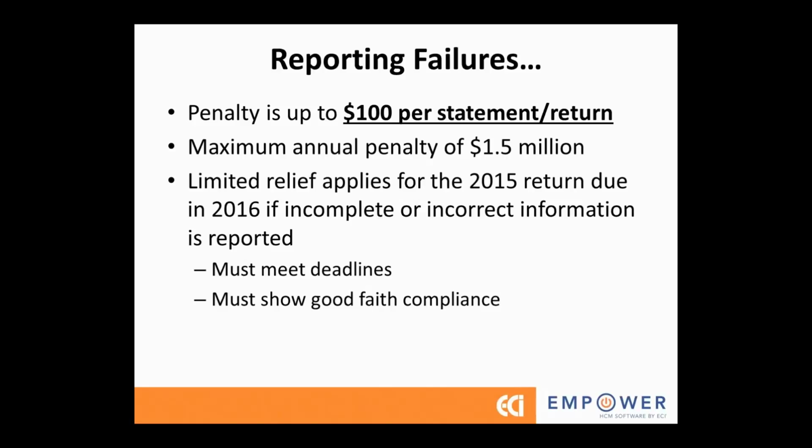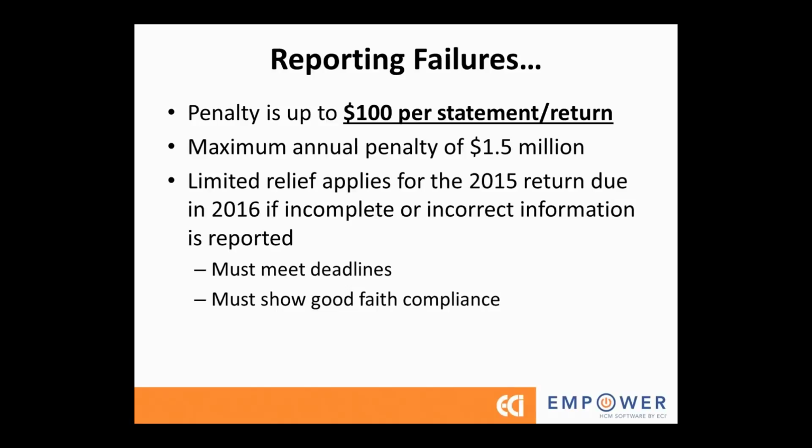To leave on a stressful note, but it's an important one that you need to know, most employers are familiar with the $2,000, $3,000 penalty, if you don't offer insurance or if you don't offer affordable insurance. This one is the one that's not as known. So if you file incorrectly or if you do not file, the penalty is up to $100 per statement return.